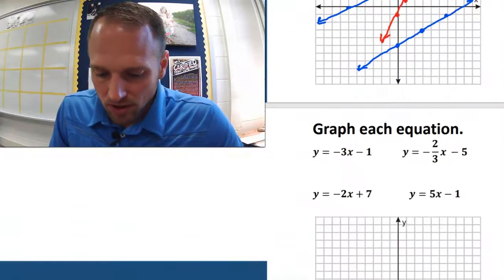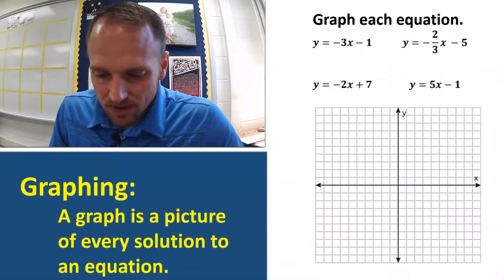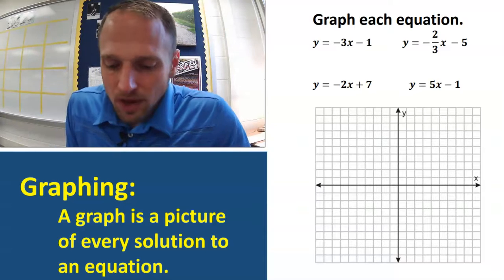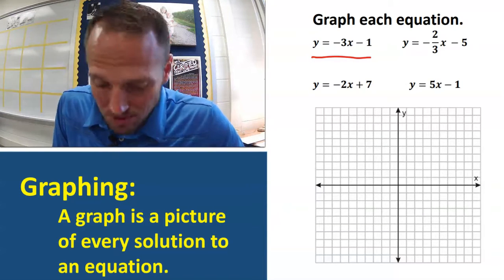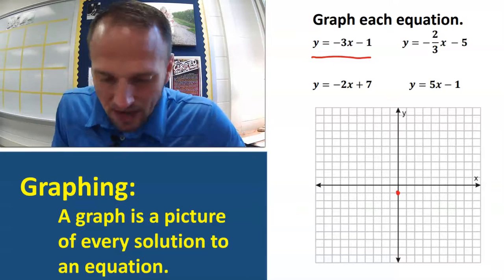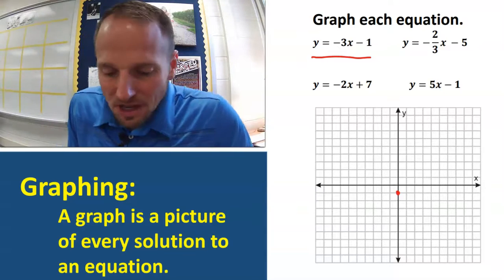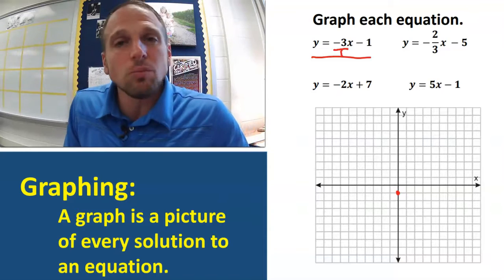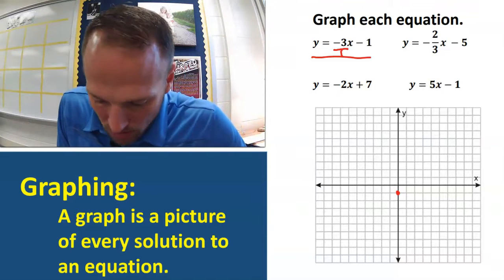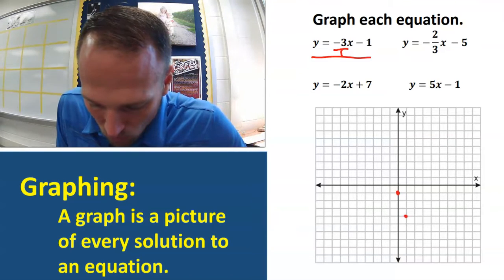Let's do some more of these. Next one, y equals -3x minus 1. So my y-intercept is -1, so I'm going to start down 1. My slope is -3. Thinking about that as a fraction, that's going to be down 3 over 1. Down 3 over 1. Down 3 over 1.